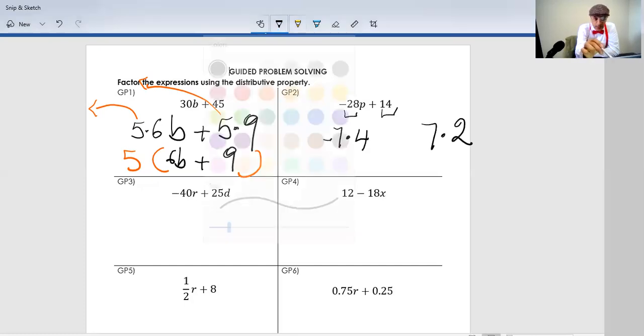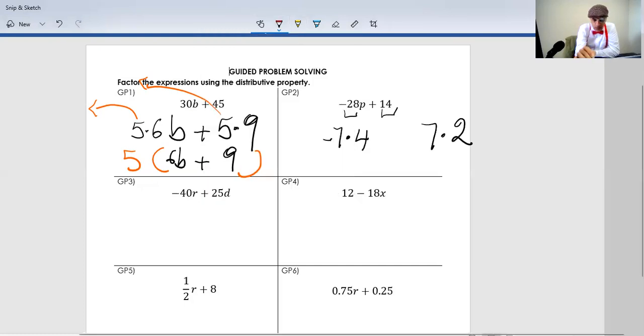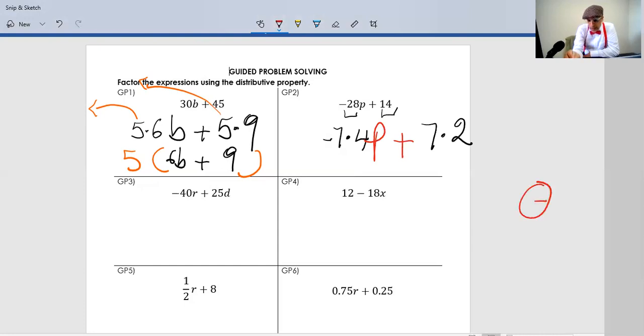And here there is a p and addition. The reason I have a negative times a positive is that a negative times a positive is a negative, and since I have negative 28, one of them has to be negative.